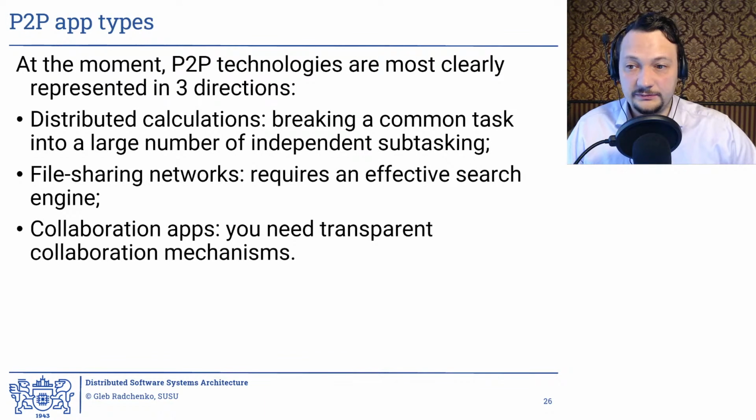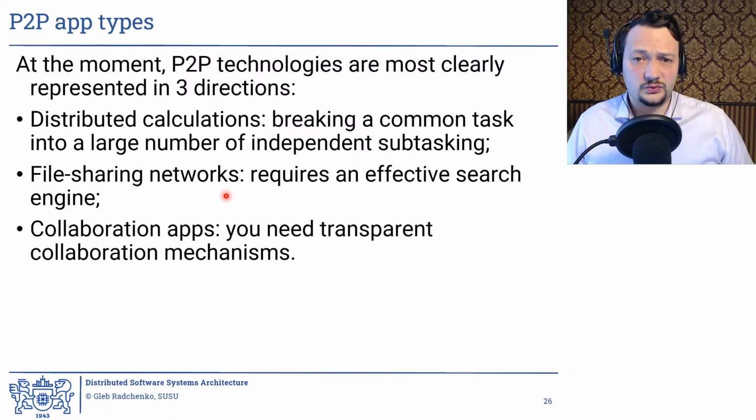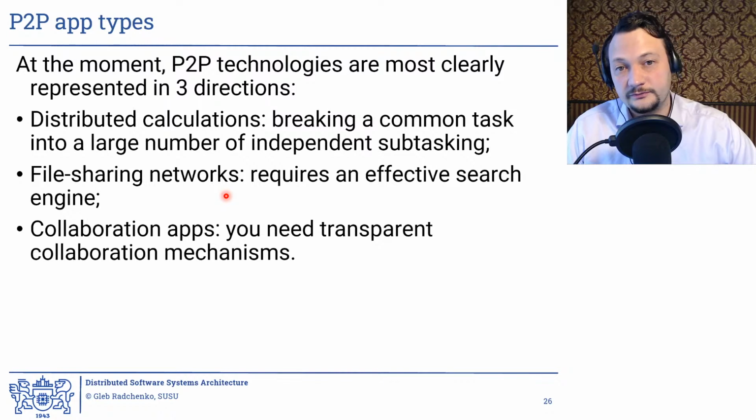The second type of peer-to-peer systems usage is file sharing networks. This is one of the most common ways to use peer-to-peer systems. As you remember from our discussion about the peer-to-peer protocols, file sharing can be organized very, very efficiently using the peer-to-peer approach.